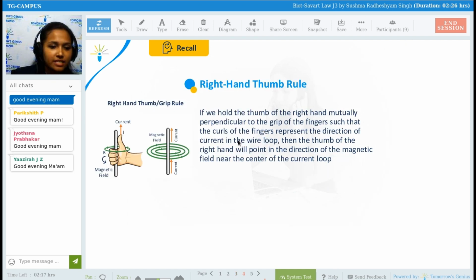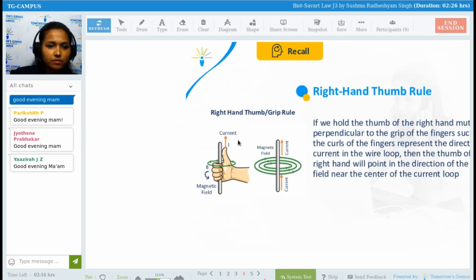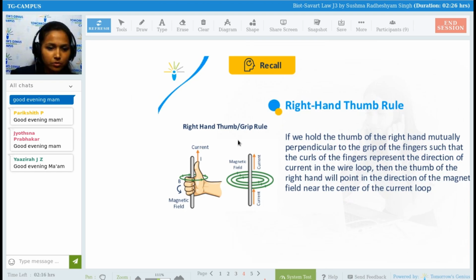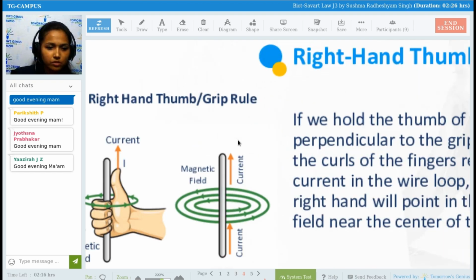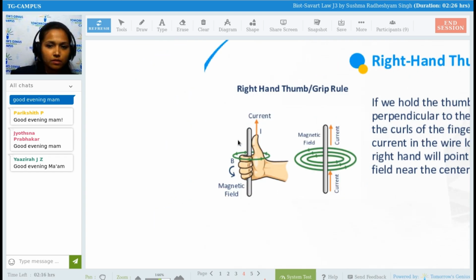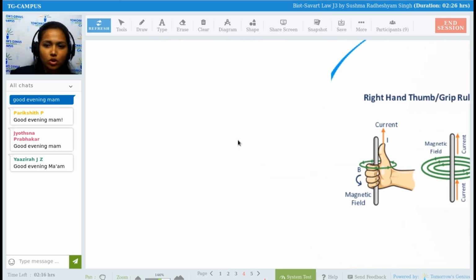Okay, so let's look at the right hand thumb rule. Sorry for that. Just tell me, what is the right hand thumb rule?